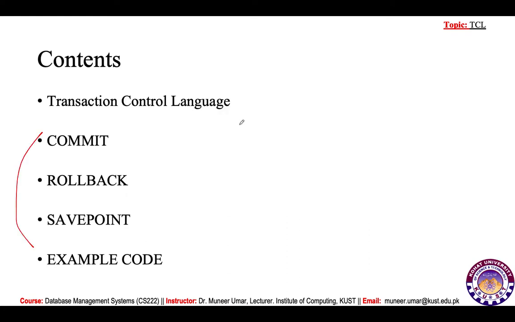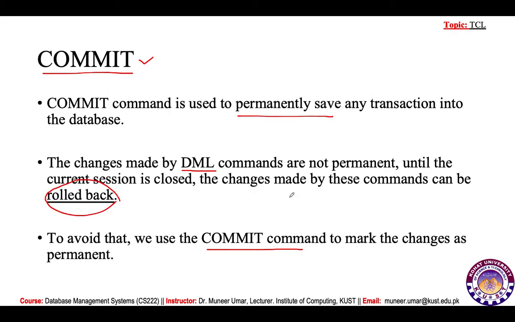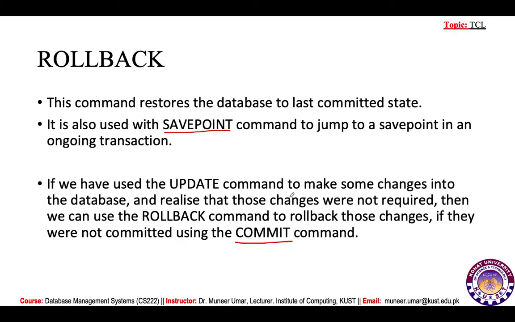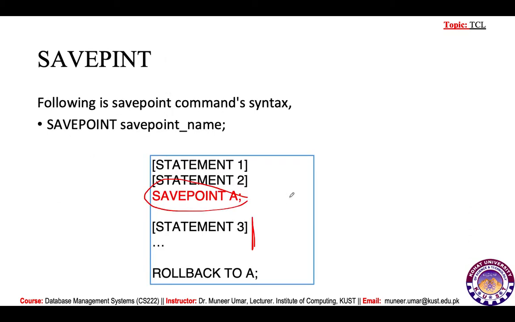And after that, we checked and practiced some example code. We first used three tables and did a transaction in which we used some insert and update queries for these three tables and applied the commit and rollback commands in that transaction. We also studied the savepoint and checked how these savepoints work in our code.